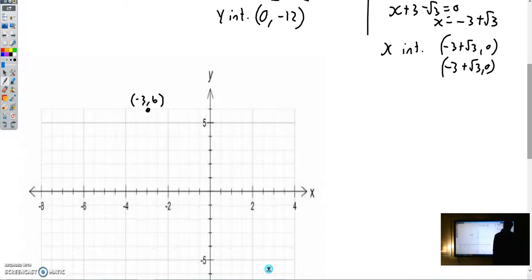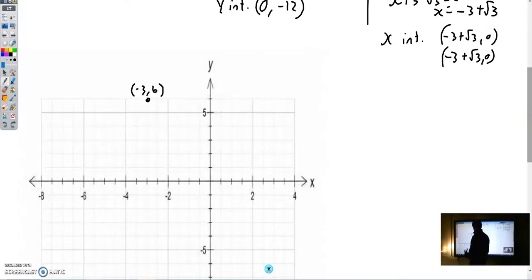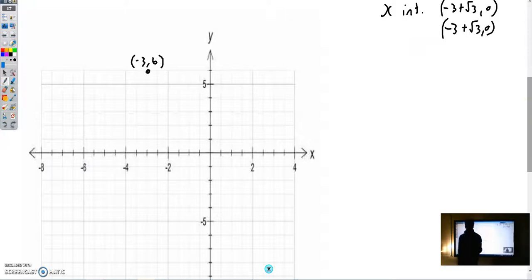Now the square root of 3 is about 1.5. Give me 1 second. I'll just put it into a calculator now. It's 1.73 to 2 decimal places. If I have minus 3 and I subtract an additional 1.73, it'll take me to negative 4.73, which is about here.